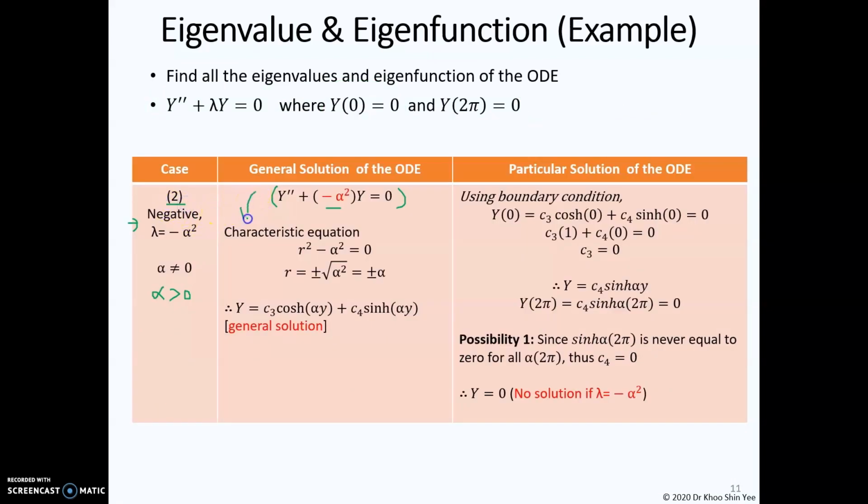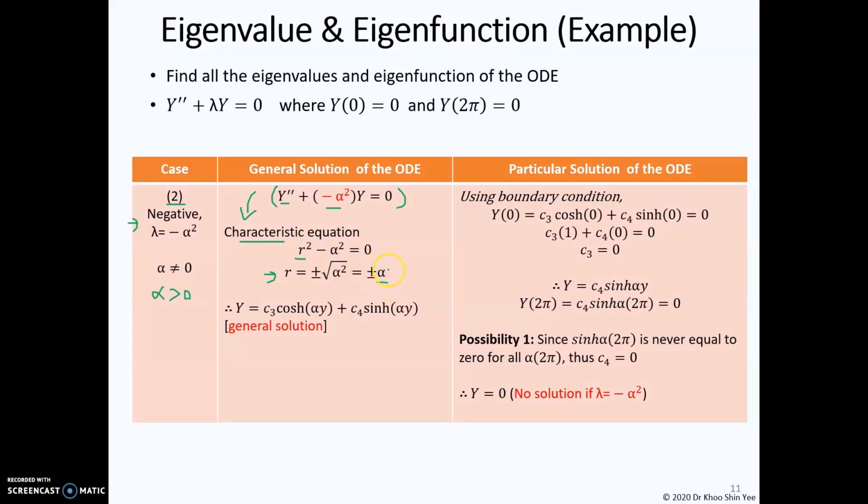Solve this by using the characteristic equation approach, where the y double prime is converted to r square, negative alpha square y is converted to negative alpha square, which is equal to 0 here. Solve this equation, then you should obtain the root equal to plus minus alpha.